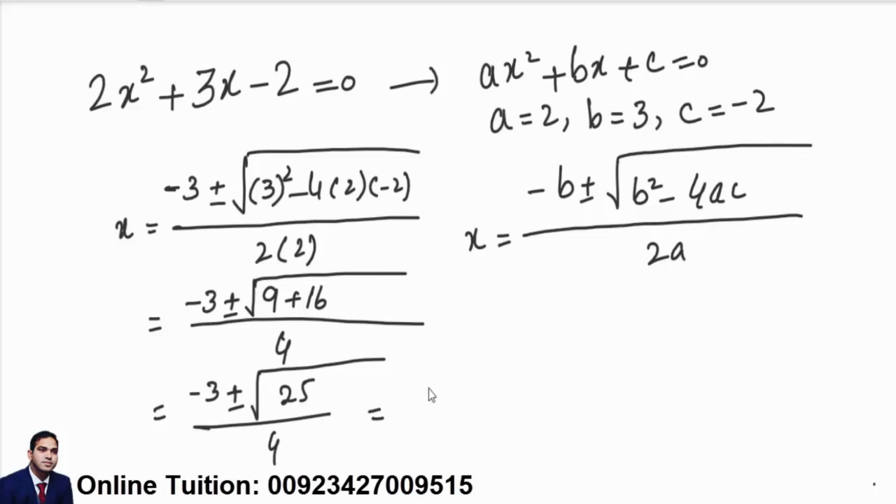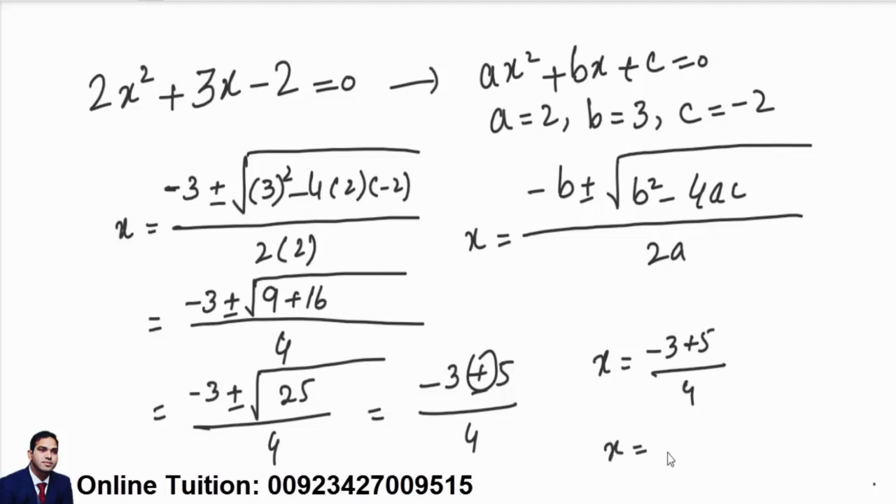Now negative 3 plus minus square root of 25, divided by 4. Square root of 25 is 5, so negative 3 plus minus 5 over 4. So x is equal to negative 3 plus 5 divided by 4. The other x is negative 3 negative 5 over 4.